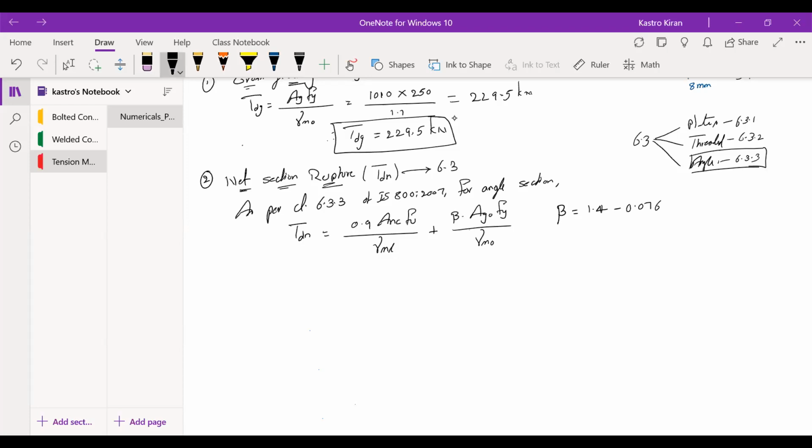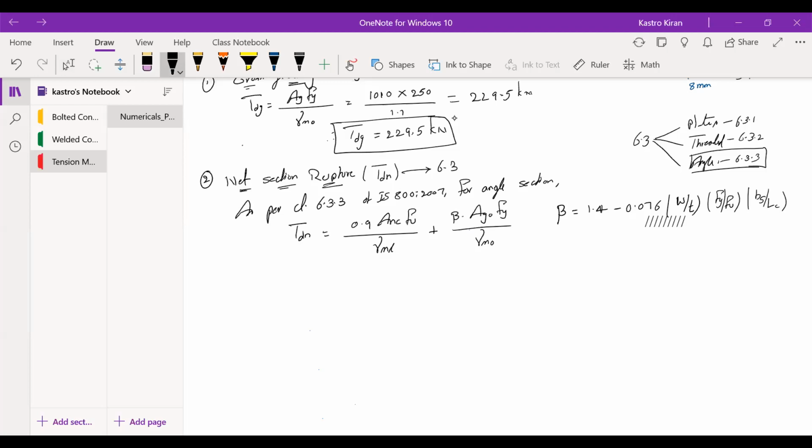You will get the values of all these things there. This is what they have given.